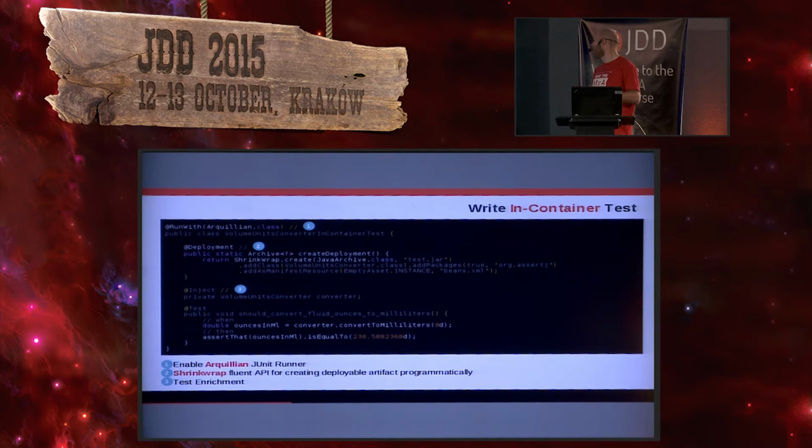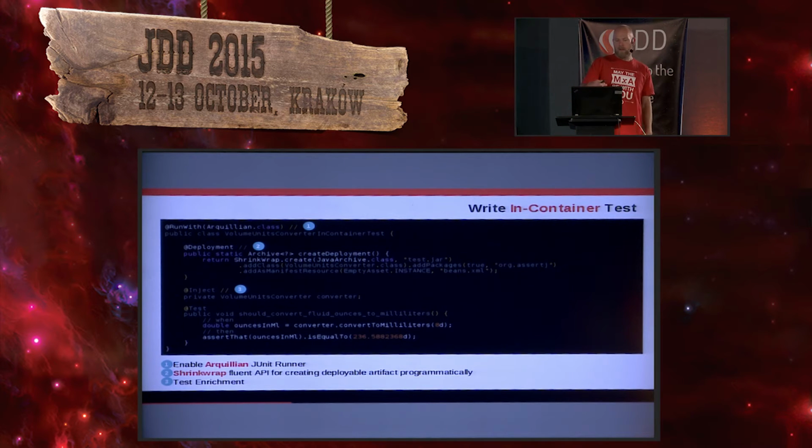That's where you define the environment and the scope of this test. This is where you add your classes and your configurations through this Fluent API called ShrinkWrap. There's ShrinkWrap and ShrinkWrap Resolver, which does dependency resolution, and there's ShrinkWrap Descriptors, which does the content of XML files, for instance, or JSON files, etc. in a similar Fluent way.